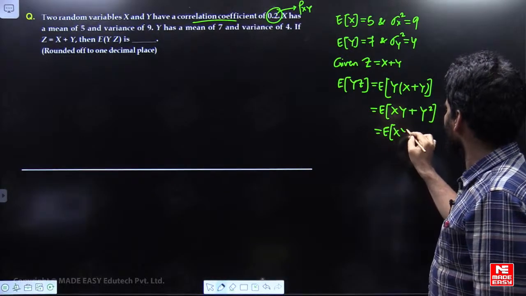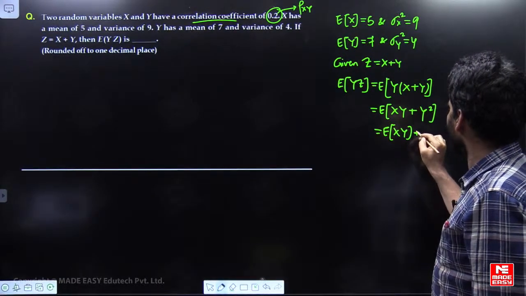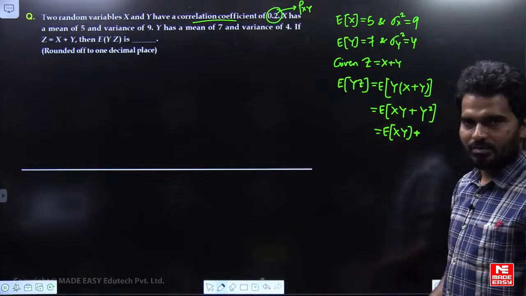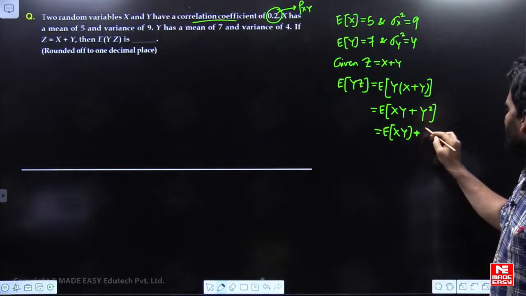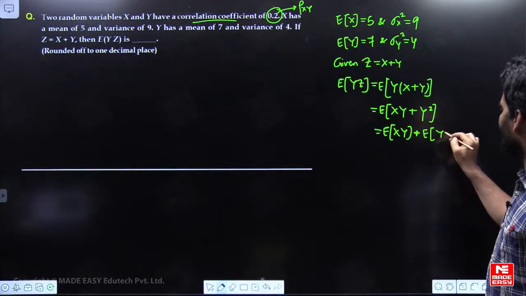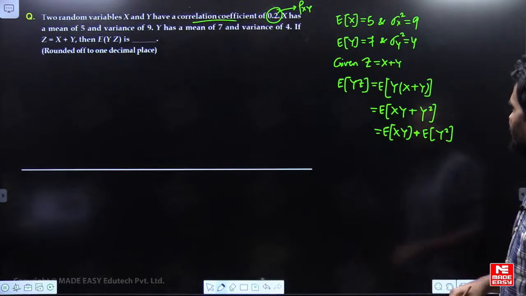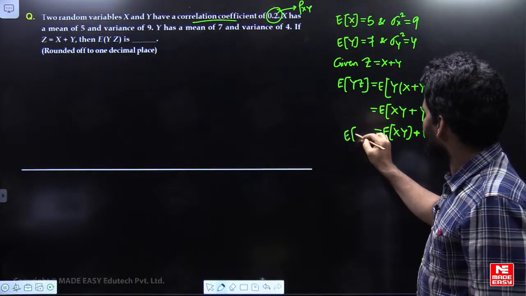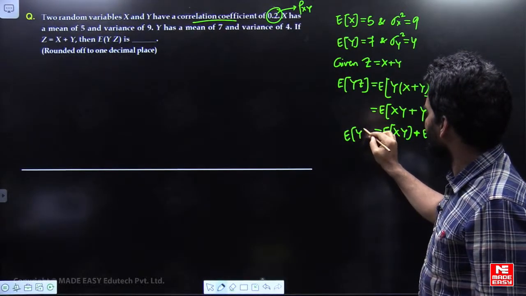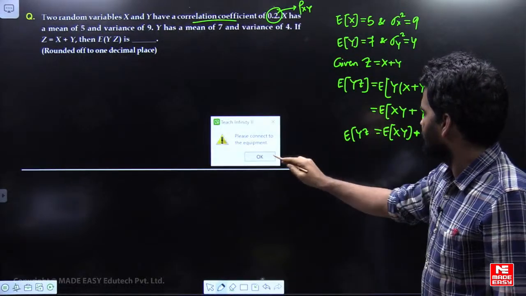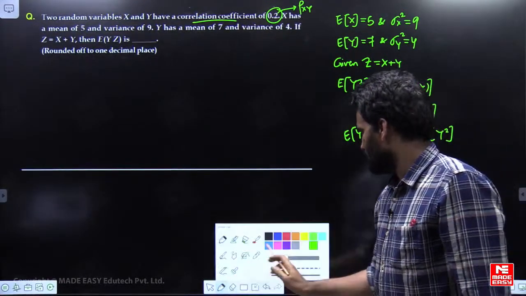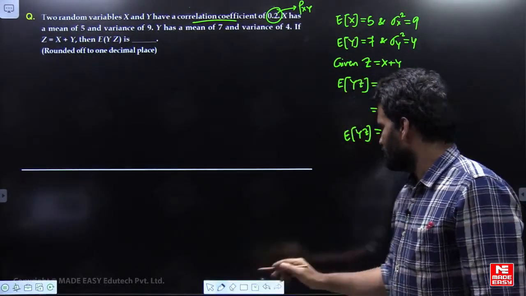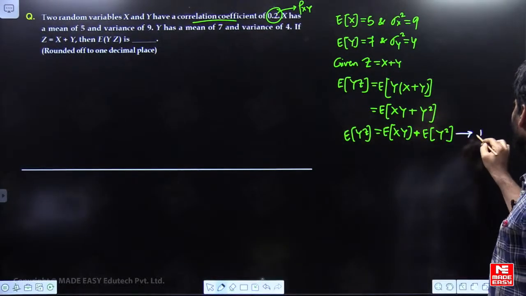You can apply expectation separately to each term: expectation of xy plus expectation of y square. This is the expectation of yz. I'm taking this as equation 1, so we need to find this.